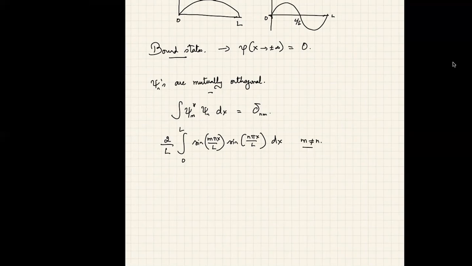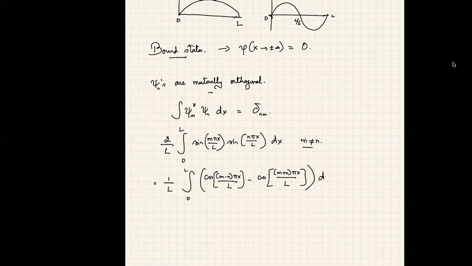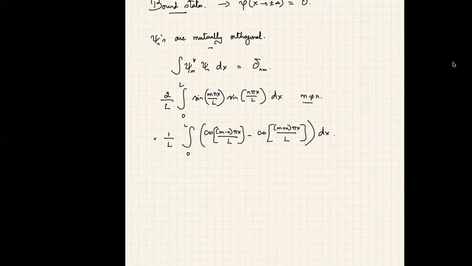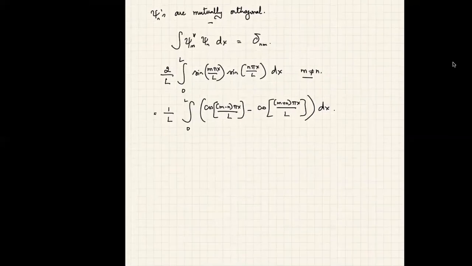Now using some basic trigonometry, I can convert this into a combination of two cosines. So this will be cosine (m minus n) pi x over L, minus cosine (m plus n) pi x over L, dx. So using some simple trigonometry, you can establish this. What will this be? This will be equal to 1 over L. Integration of cosine simply gives you sine.